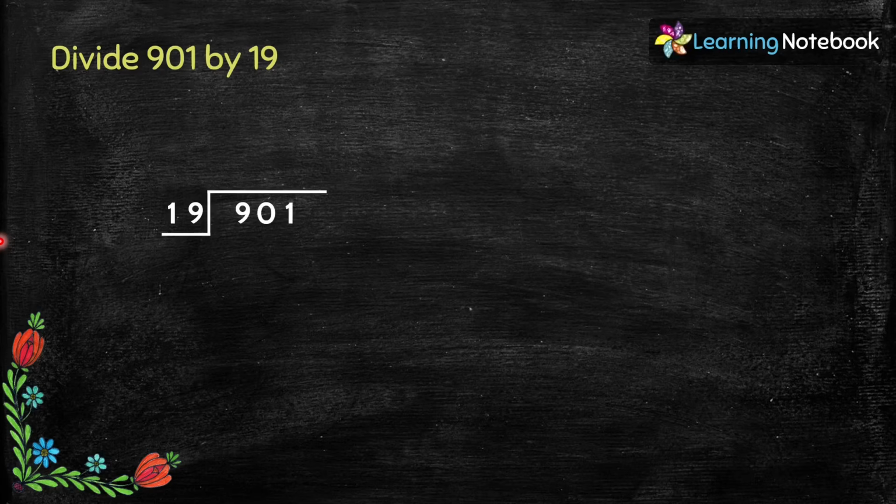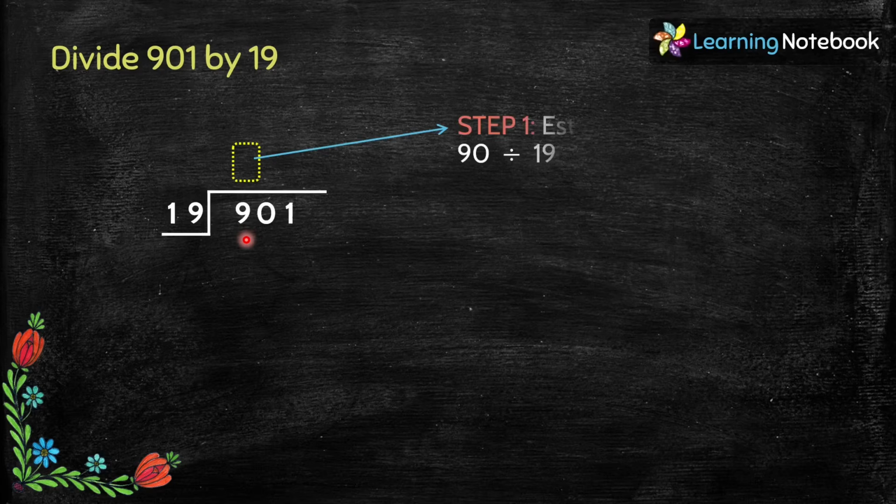Now since the divisor is of 2-digit number, so let's consider first 2 digits of dividend, that is 90. And since 90 is greater than 19, so we can start with the division. But we first need to estimate the quotient. So let's round off these numbers.